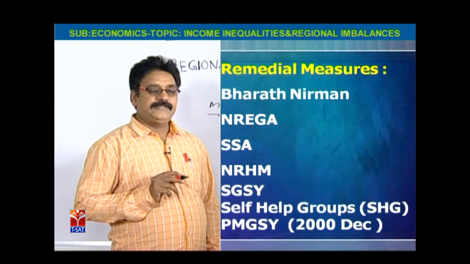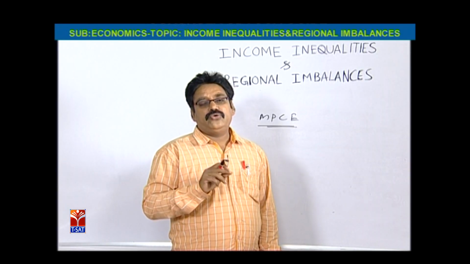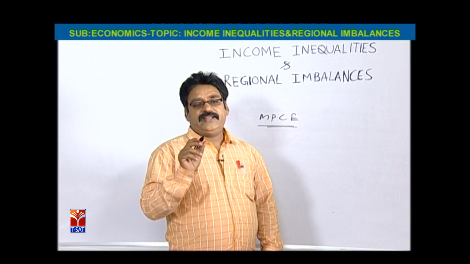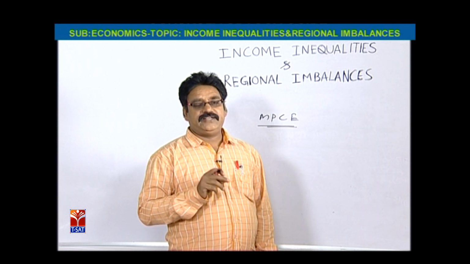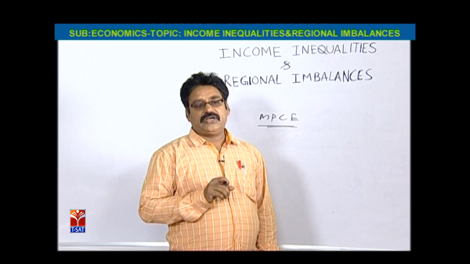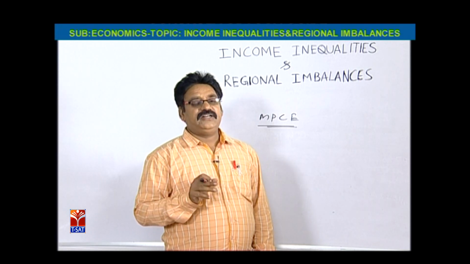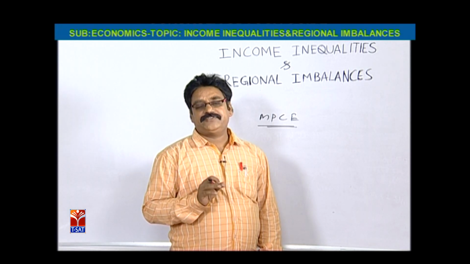First, W means drinking water. Next, R means roads, rural roads. Next, I means irrigation facilities, to provide water to agriculture. T for telecommunications, E for electricity, and H for housing.